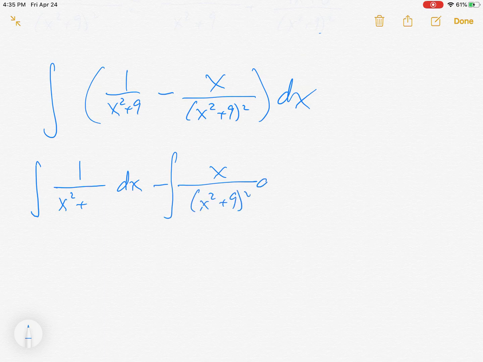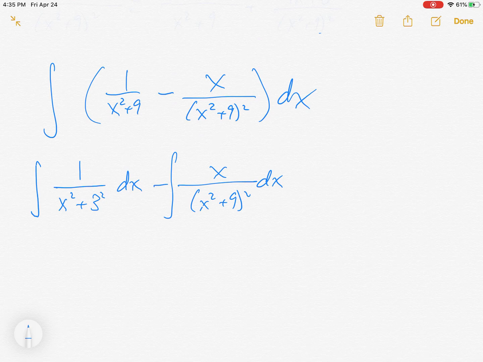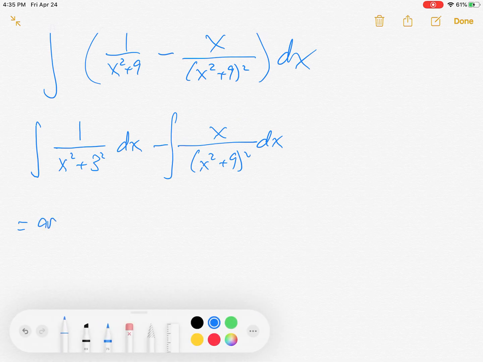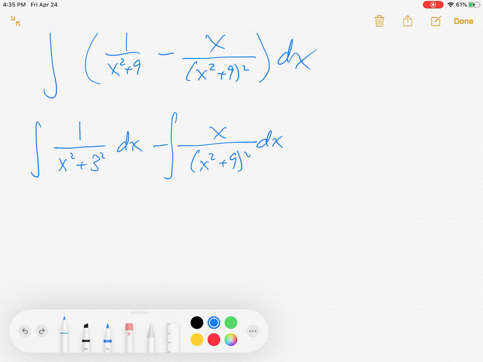The first one, I'm going to just split this up. What could I write here instead of 9? About 3 squared. Does that hopefully jog your memory?